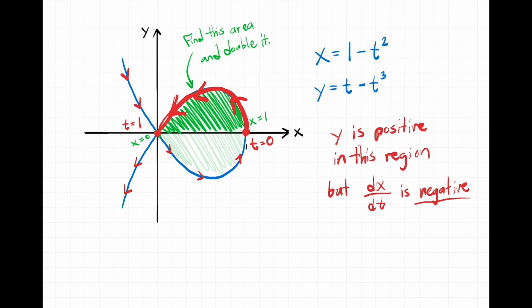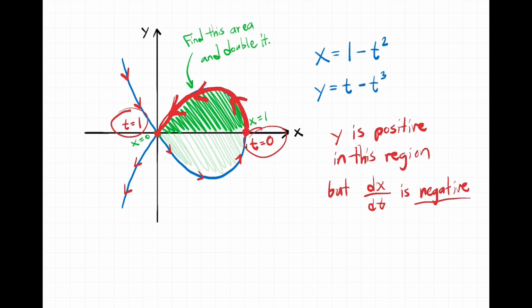So there are two ways we could fix this. One way is we could just swap the bounds. We could say, well, when t equals 0 and then t goes up to 1, that's the natural progression of values that makes t increase. But you are allowed to use bounds in an integral where the lower bound is actually higher than the upper bound. And you could force the issue by saying, I want t to start at 1 and go down to 0.